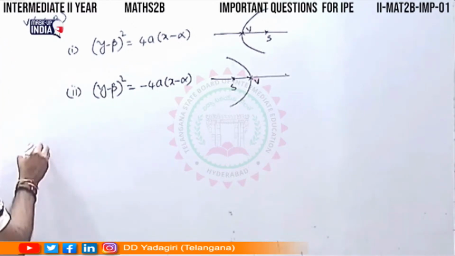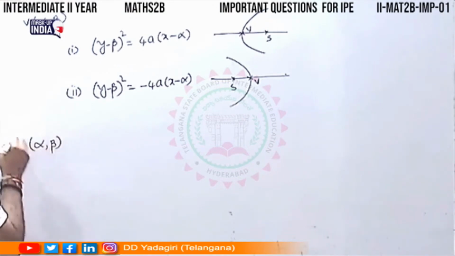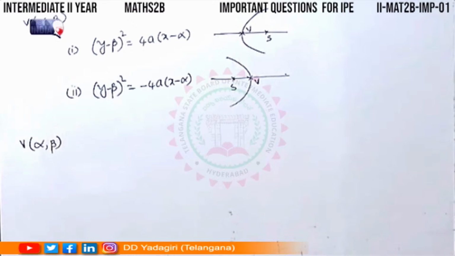Next note. (Alpha, beta) is the vertex of the parabola whose axis is parallel to the y-axis.